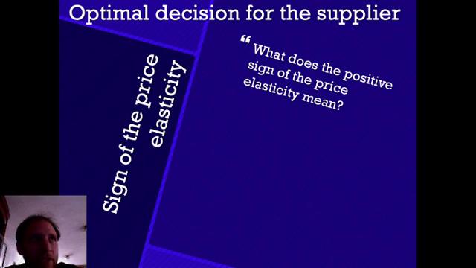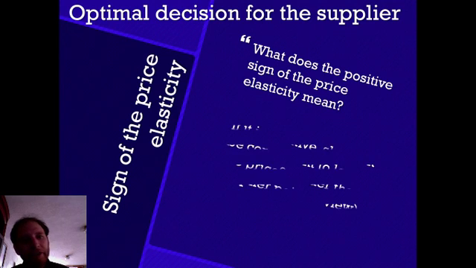If it is positive, let's say we have an elasticity of 2, positive. What does that mean? Okay, it means that both price and quantity will move in the same direction, right? For example, if I increase the price, then the quantity demanded will increase as well. If I decrease the price, the quantity demanded will decrease as well. Both go in the same direction.